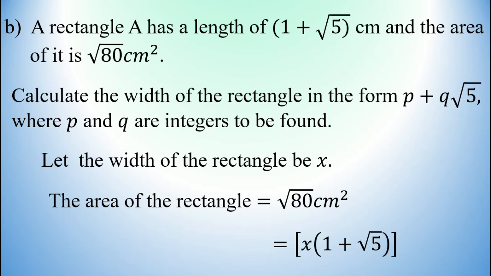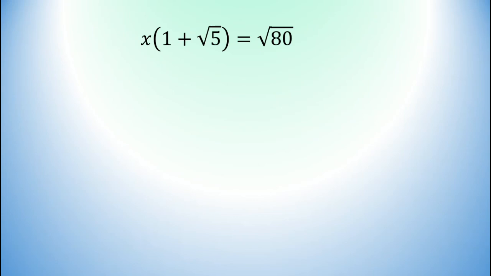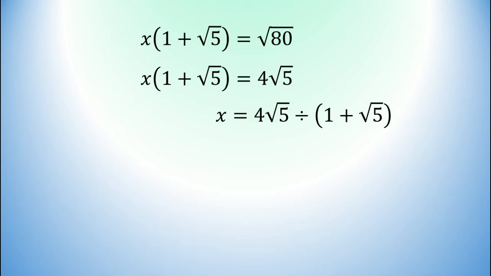X is the breadth and 1 plus root 5 is the length. Length into breadth is equal to the area. Now we get this kind of equation: x into 1 plus root 5 is equal to root 80. You know root 80 can be written as 4 root 5. Then x equals 4 root 5 divided by 1 plus root 5.